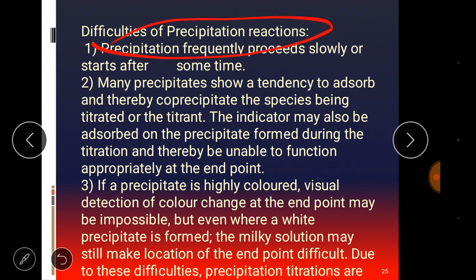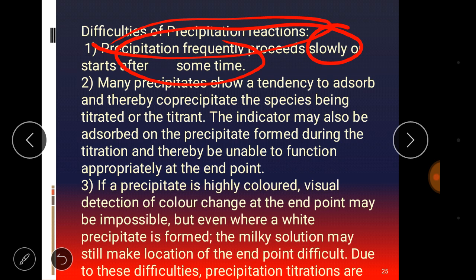The first one is that precipitation frequently proceeds slowly or starts after some time. Whenever we look at many precipitation reactions, we can see that precipitation starts slowly or starts after some time. So that is one of the difficulties we can observe.